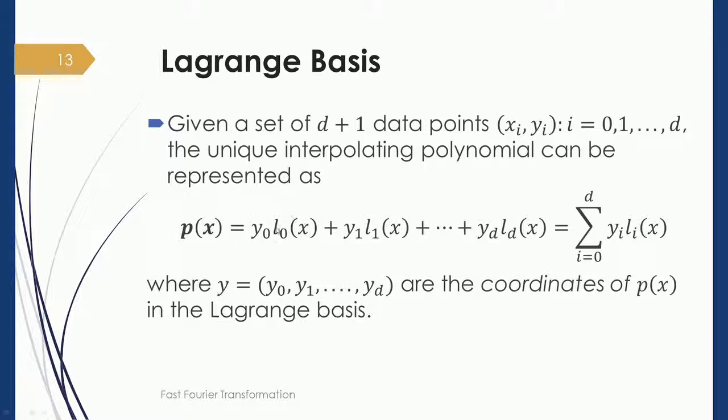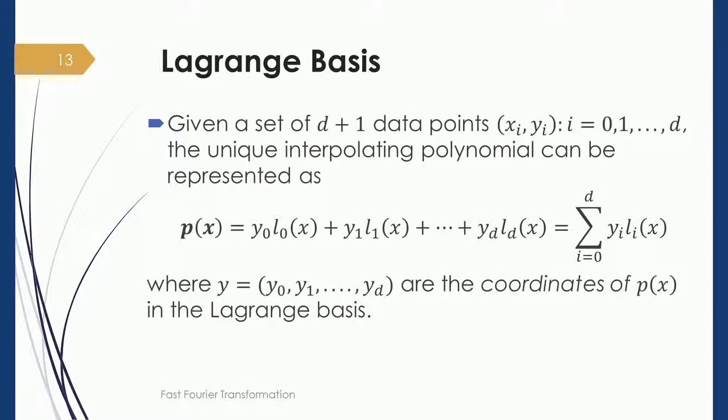Why? Because L sub 0 of x will evaluate to a 1, and therefore this y sub 0 will be retained, but all other polynomials, these are all Lagrange basis functions, will evaluate to 0 at x equal to x sub 0.